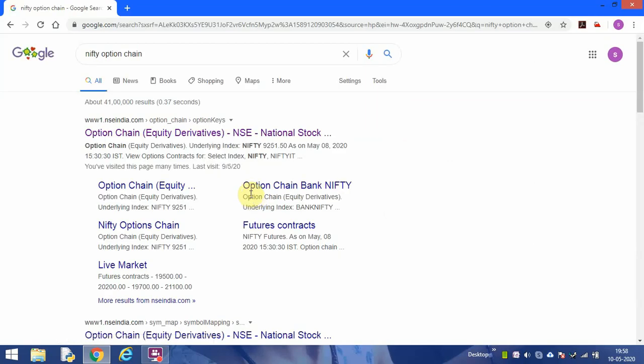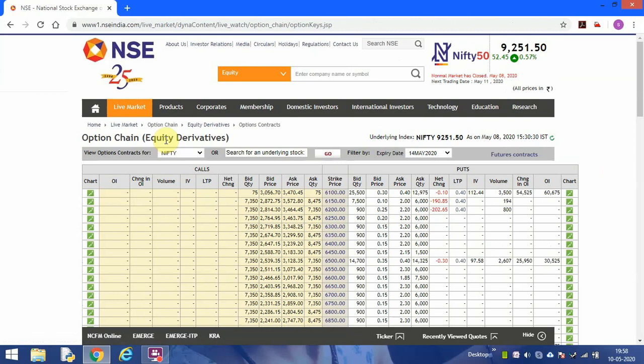Just go there and click here. Now you reach the Nifty option chain. This is a really useful link.